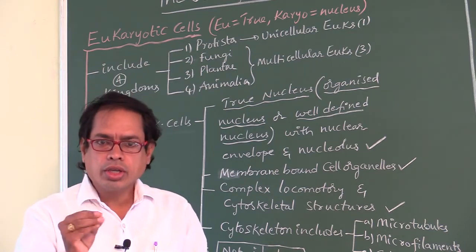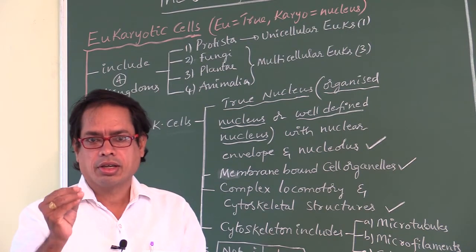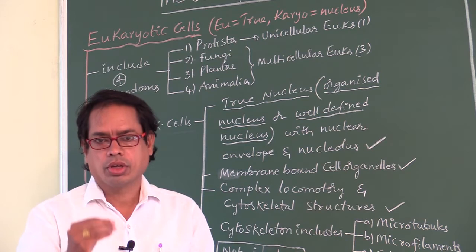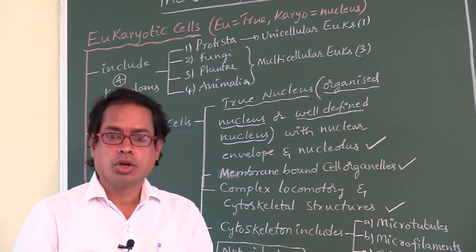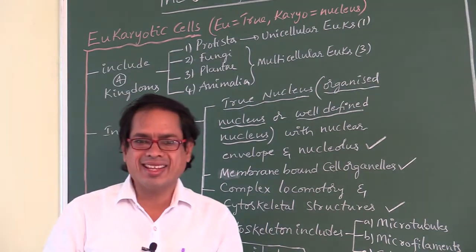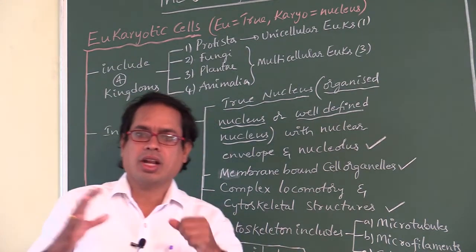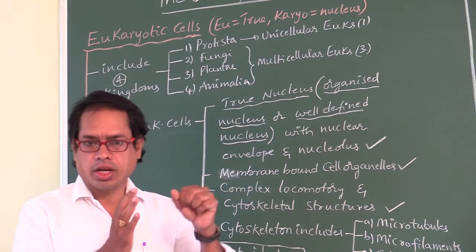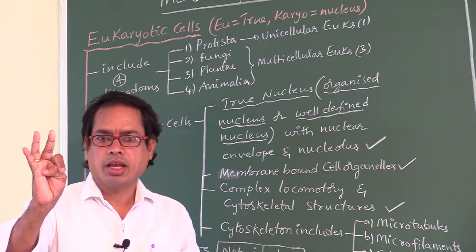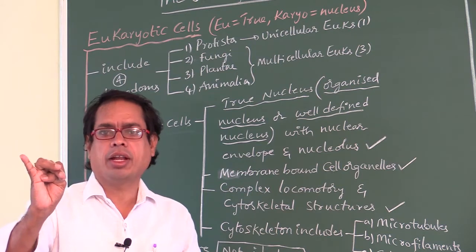Next, eukaryotic cells. What does it mean, eukaryotic cells? U means true, karyo means nucleus. True nucleus is present. What are the kingdoms? Except Monera, that is Protista, fungi, plantae, animalia.